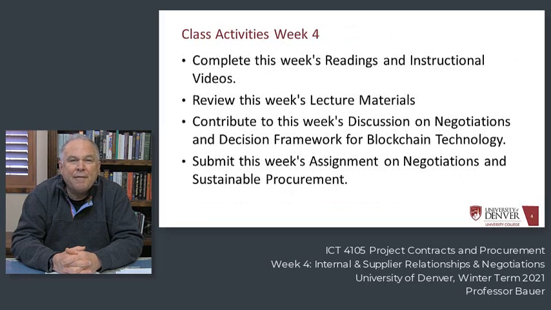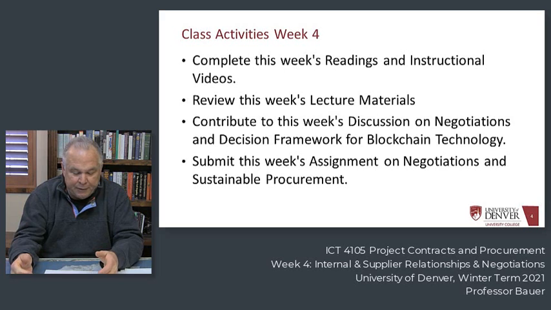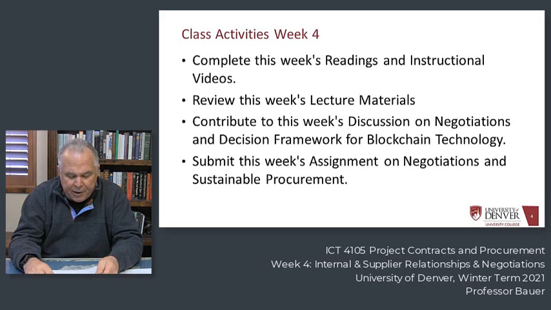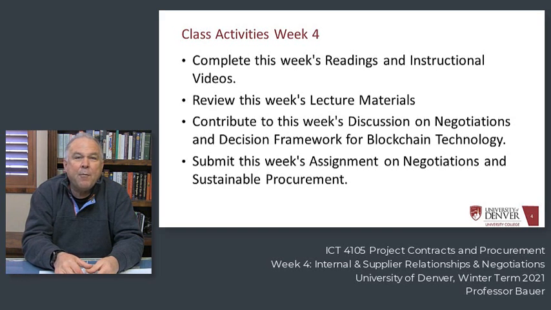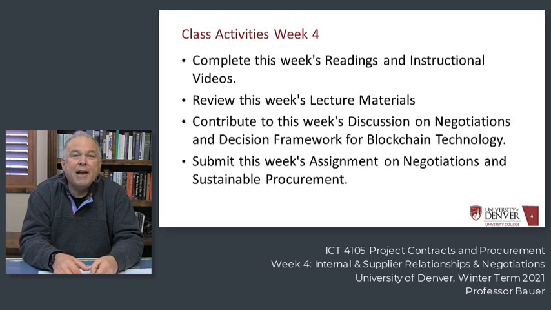But you'll have to figure that out based on how reliable those suppliers are in terms of their delivery. So we'll look at discussions on negotiating decision frameworks, and the use of blockchain in this area, which is really fascinating.